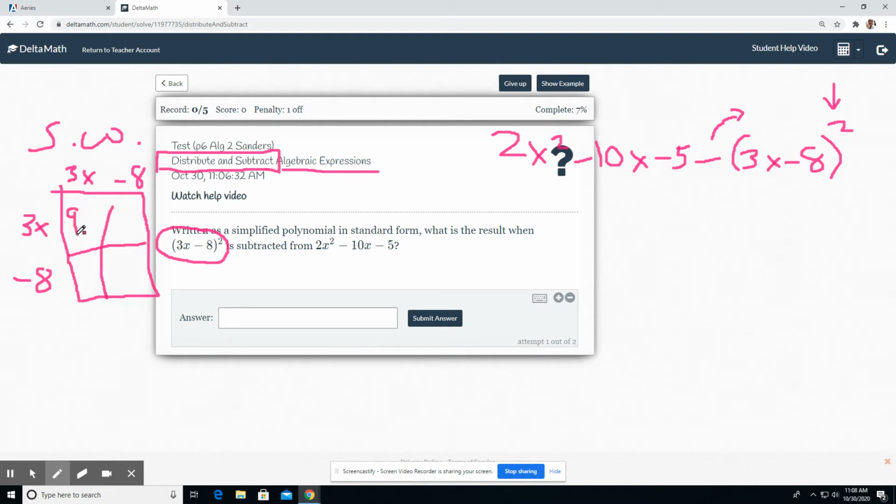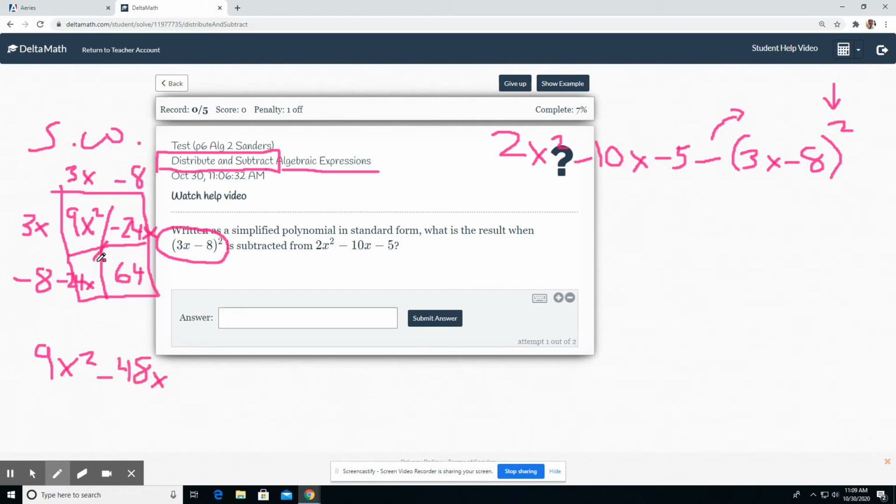So that gives us a 9x squared. 3x times negative 8 is negative 24x. And 3x times negative 8 is negative 24x. Sorry about the room there. And then negative 8 times negative 8 is positive 64. So all of this turns into 9x squared minus 48x.